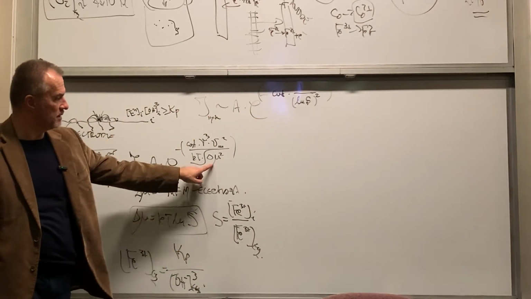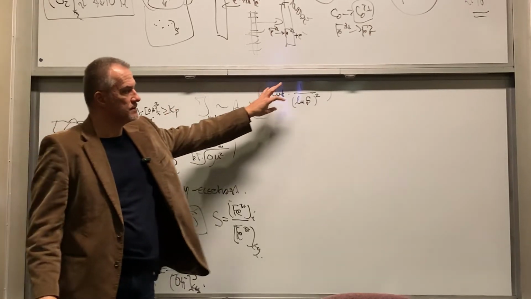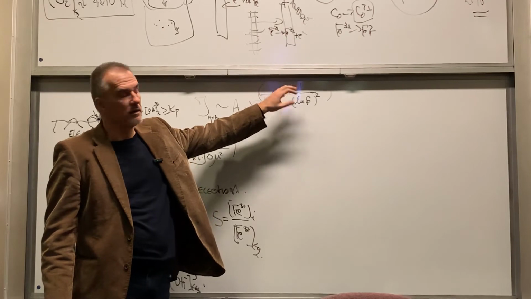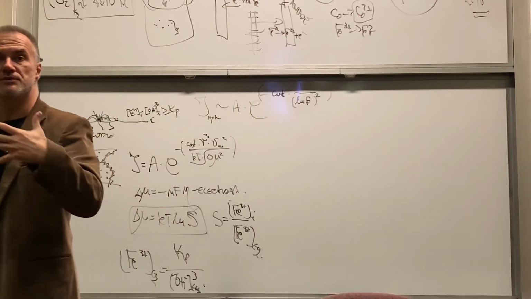What I'm really doing is just replacing this term with this term, and I'm ignoring all these things that really don't matter, and I'm just writing this, okay? That's the nucleation rate.